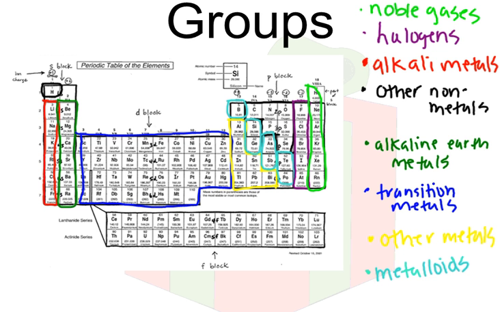So make sure you have these various groups memorized, including a couple that I'm forgetting down here, the lanthanide and actinide series. Lanthanide is just this first one going across in the F block, and actinide is the 5F group.